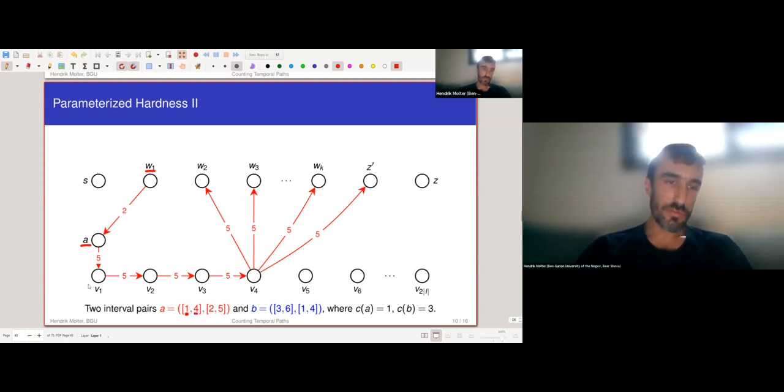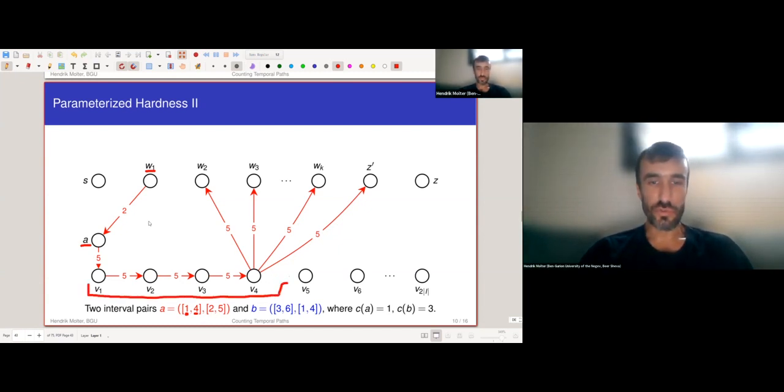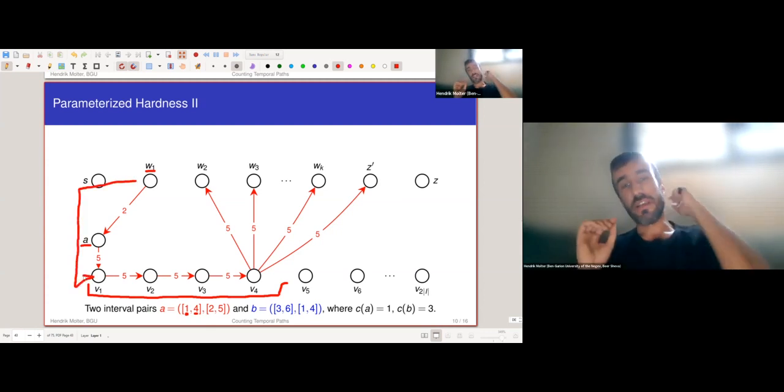So we model the first interval with the vertices here, and the second interval, 2 to 5, we model with our time.